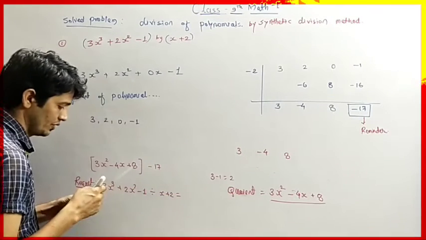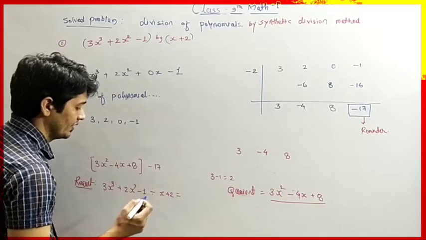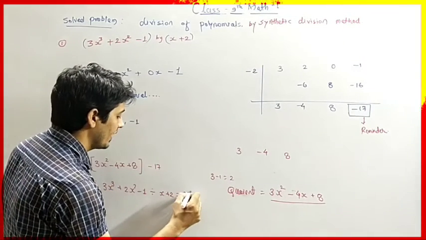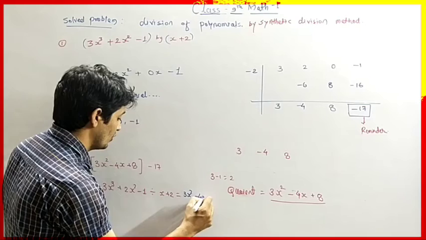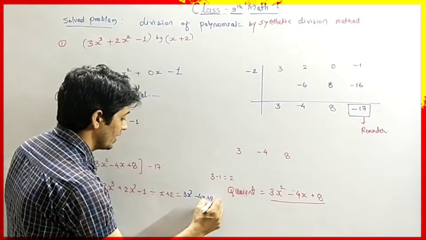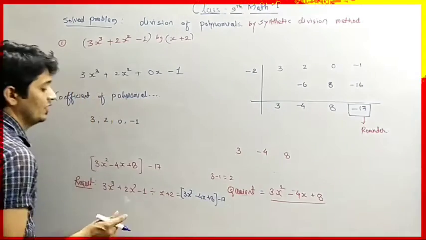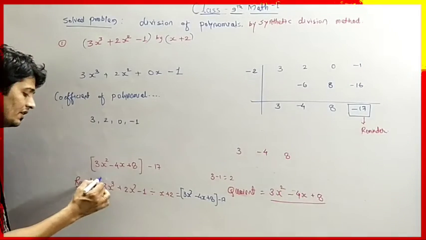So the quotient is 3x square minus 4x plus 8 and the remainder is minus 17. Okay, so this is the way we have to write the answer.